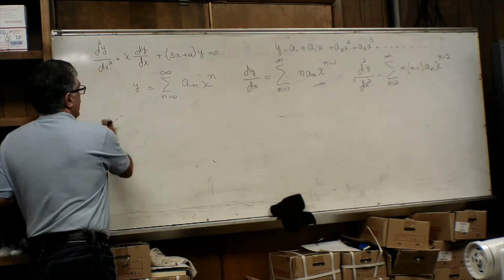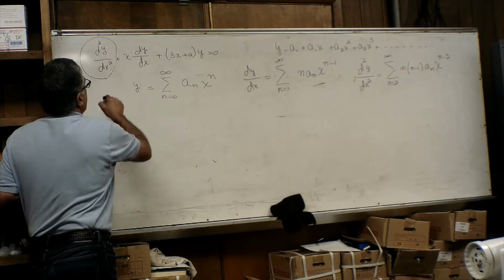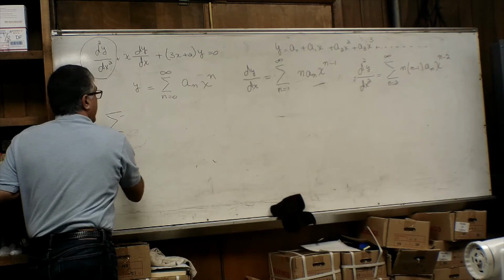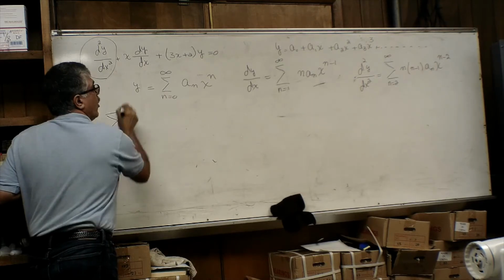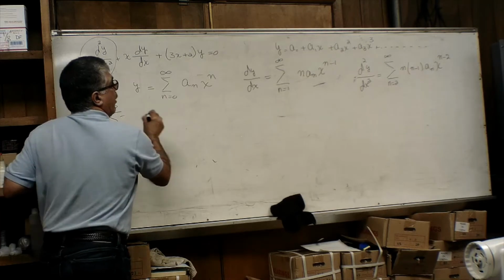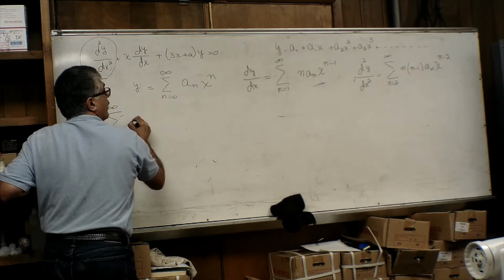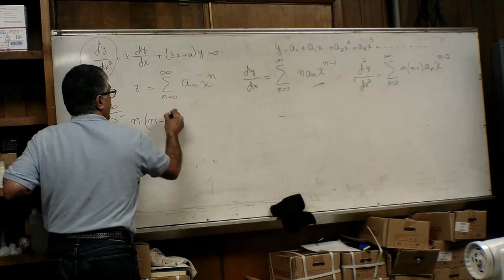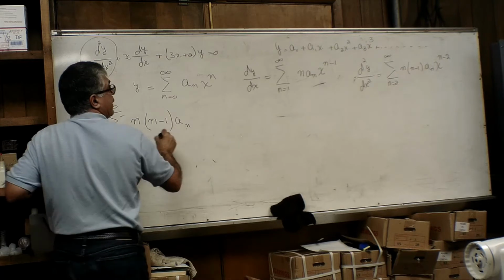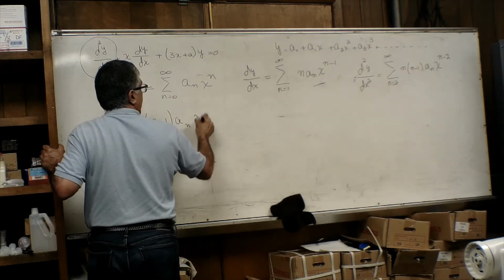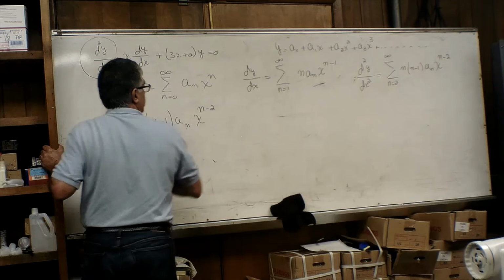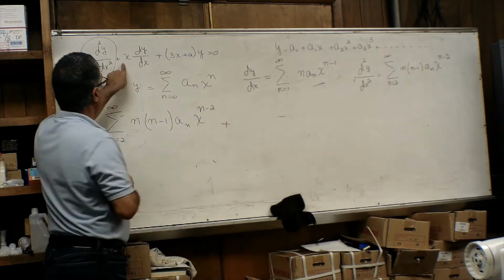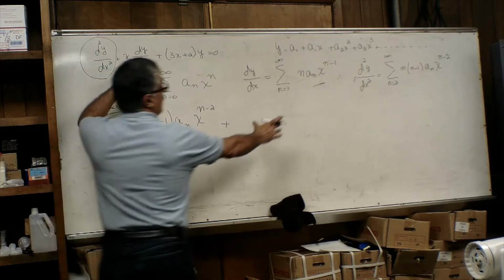If we plug that in, the first portion will be the summation from n equal to 2 to infinity of n times n minus 1, an x to the power n minus 2, then plus x multiplied by this.